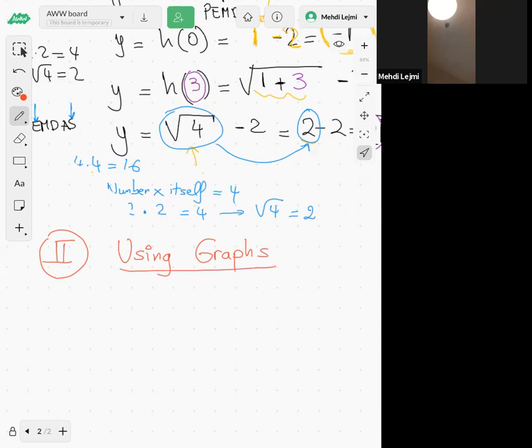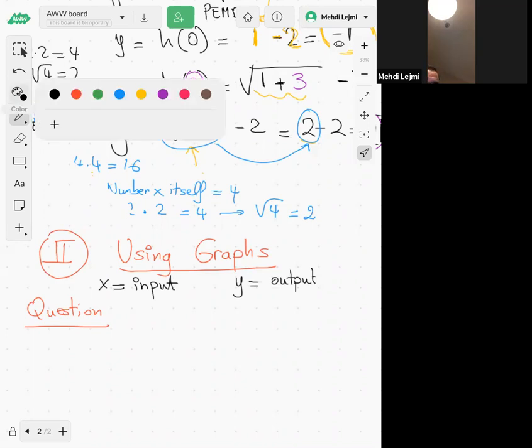So first question, of course, what's a graph, right? I guess that's the obvious question. Of course, we always assume that x is the input and y is the output.